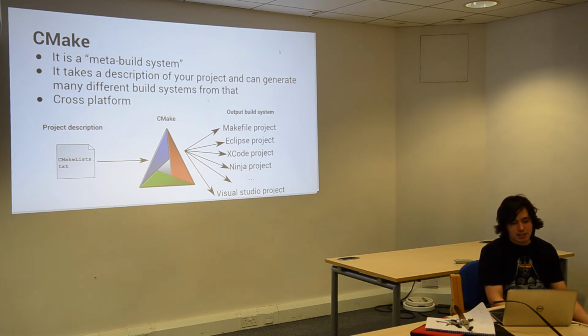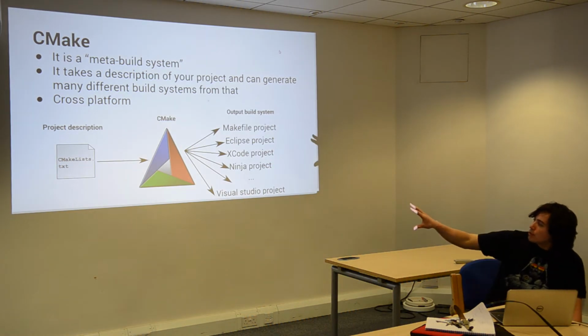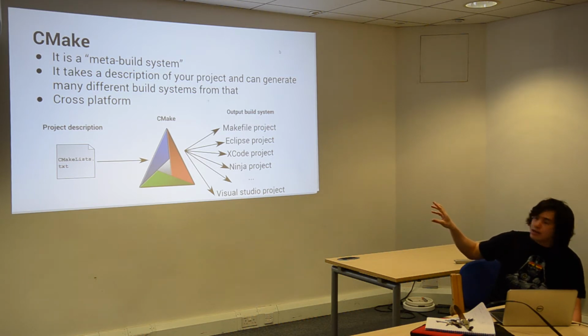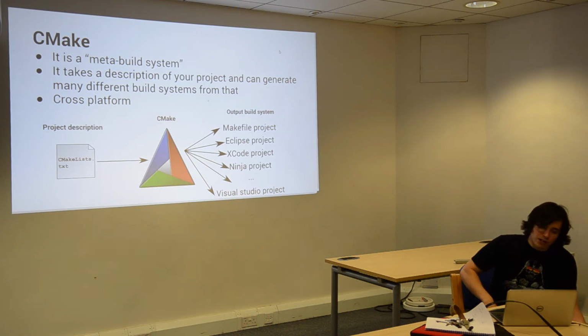So this is what CMake is. CMake is actually a meta build system. The diagram tries to explain it. You describe your project in these text files, and then CMake reads that and generates a build system of your choice. So you can say, oh, I want a makefile project, or I want an Eclipse project, or I want an Xcode project, or a Ninja project, or a Visual Studio project, and I consider that quite useful.